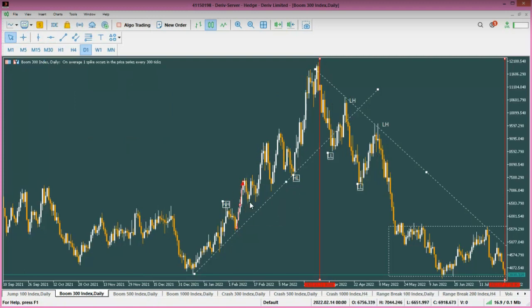When it goes back a bit, that's retracing. When it goes up again, that's impulsive. When it goes back, that's retracing. Goes up, impulsive. Goes back, retracing.